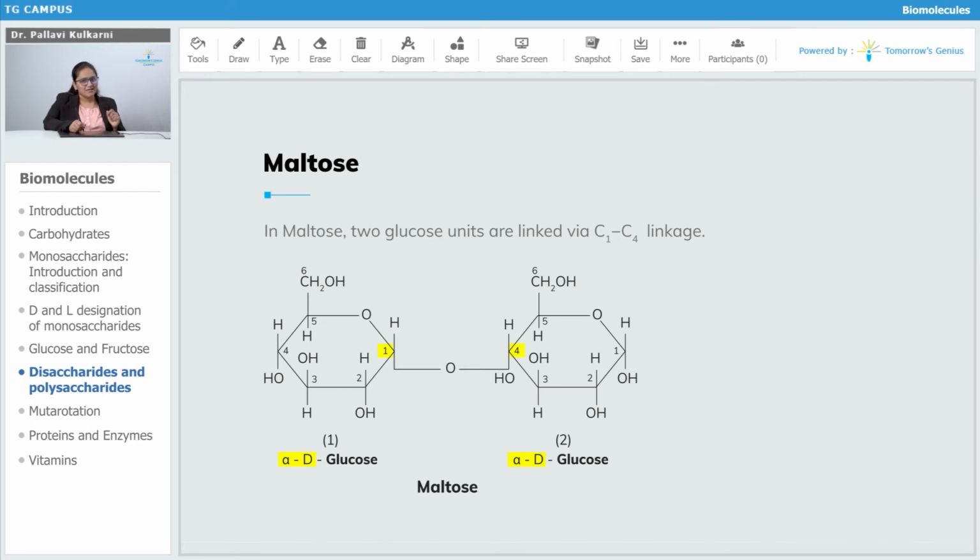Therefore, the linkage present in maltose is the glycosidic C1-C4 linkage. That indicates the anomeric carbon, carbon number 1 of the second glucose unit, is free. That is the reason maltose is called a reducing sugar, because after opening of the cyclic pyranose ring, it can give the free aldehydic group, which will act as a reducing sugar.